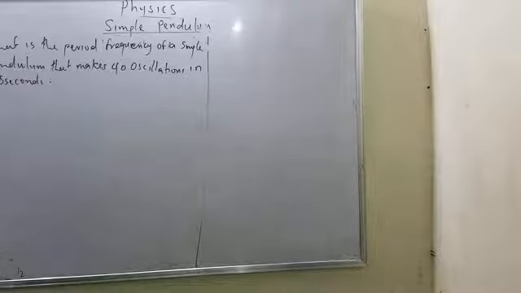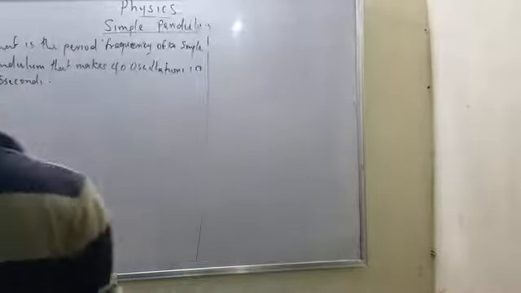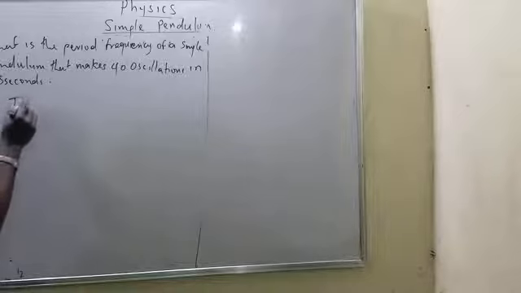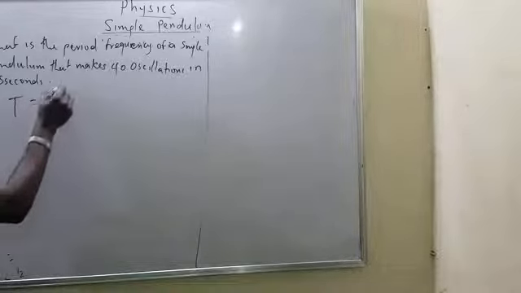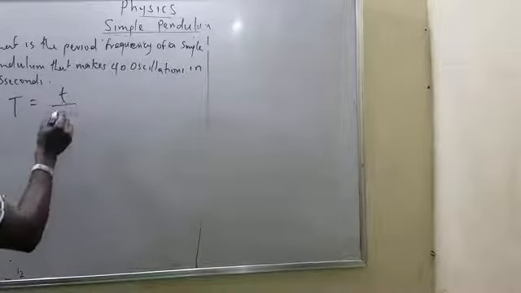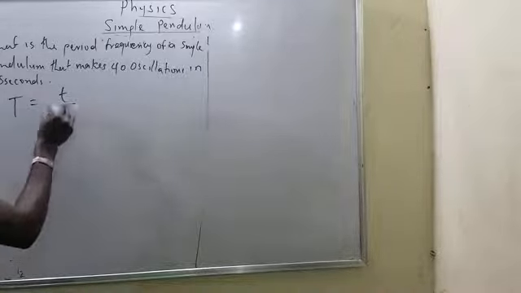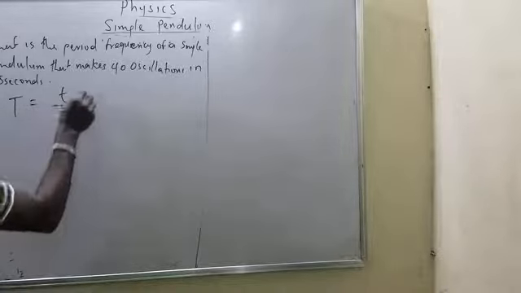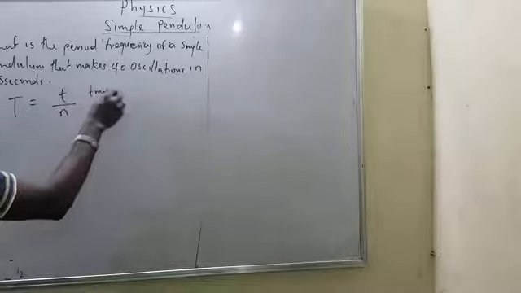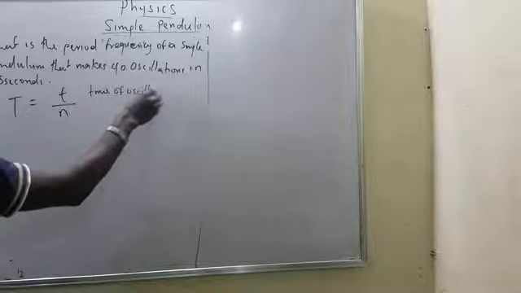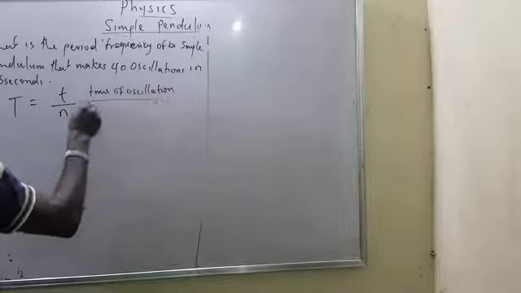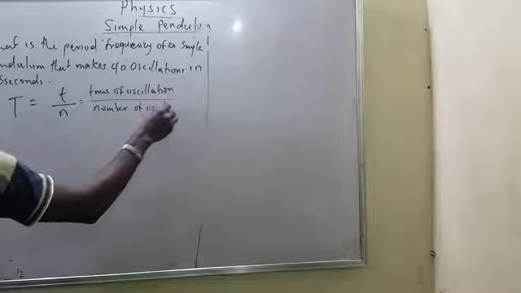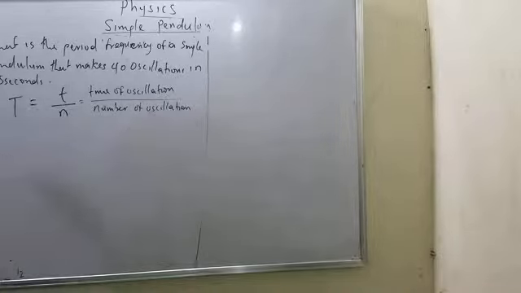Now, this is a very simple question that you can be asked in any exam. Anytime you have something like this, just note that your period is equal to time of oscillation divided by number of oscillations.